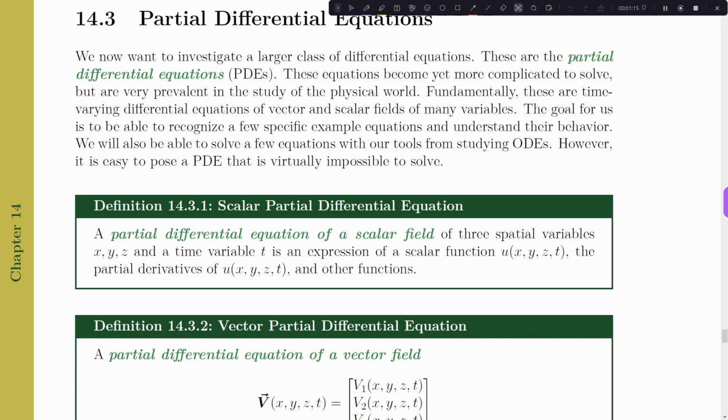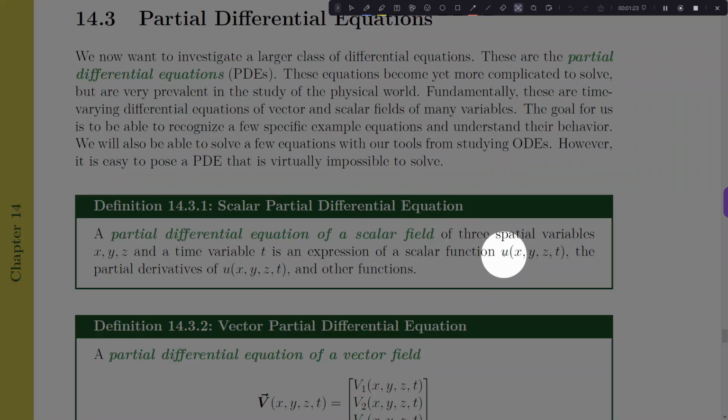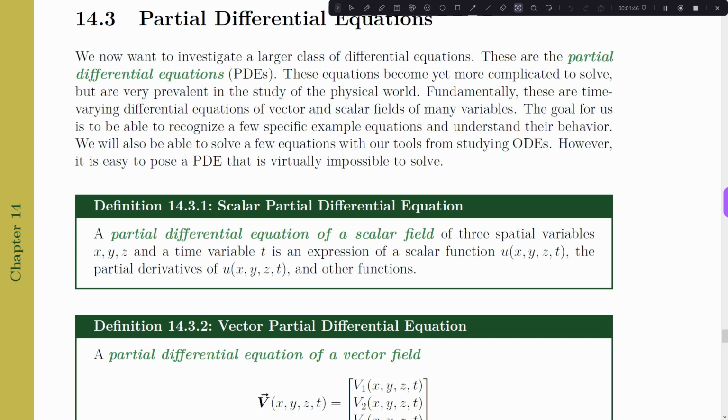So we've got two examples here in definitions, at least, and the first deals with scalar fields. And of course, a scalar field is just going to take a vector as an input, x, y, z, and perhaps it also depends on time. Okay, so it evolves over time and it has three spatial inputs. And then it outputs a single number, and a PDE of such a scalar field would just consider a single equation, because it would just relate the scalar values of the scalar field as the PDE.